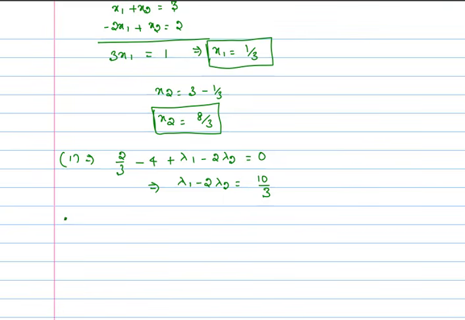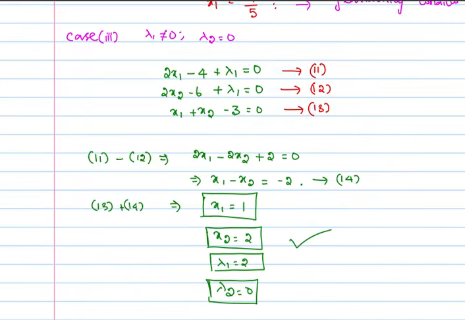Equation number 2 implies 2 times x2, so 16 divided by 3 minus 6 plus lambda 1 plus lambda 2 equal to 0. So this implies lambda 1 plus lambda 2 equal to 2 divided by 3. Now this is equation number 14.